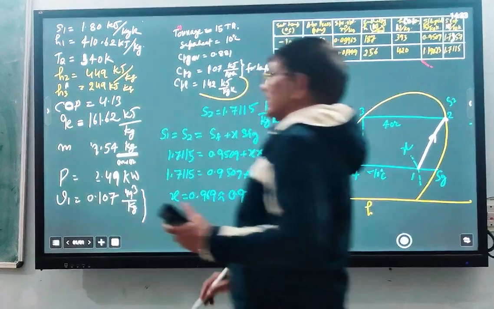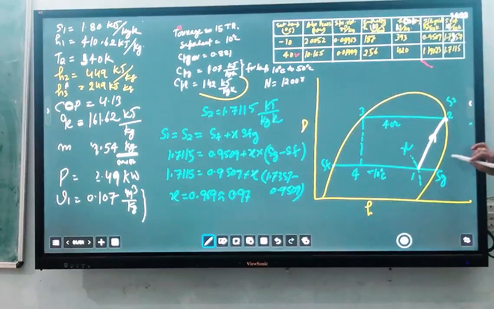So this means that at this point 97% is vapor and 3% is liquid. A very small quantity of liquid is allowed while refrigerant is entering the compressor. That is called wet compression. But after compression it reaches the fully saturated state. In this case, although compressor work is minimized, the cooling effect is also minimized.